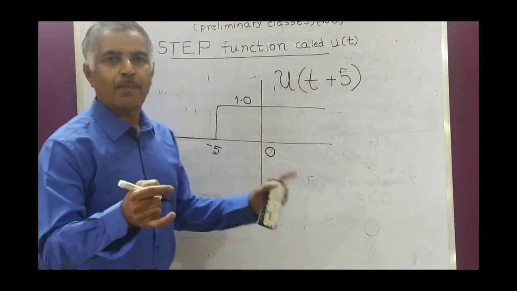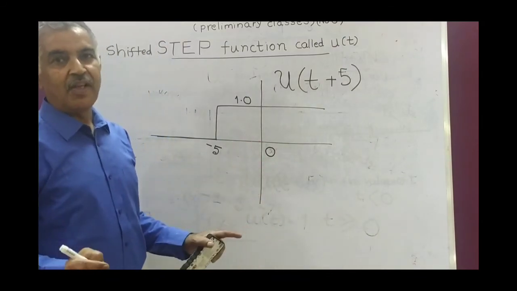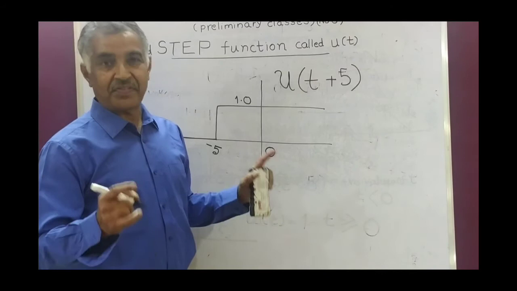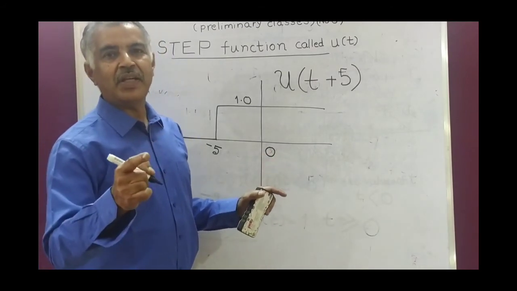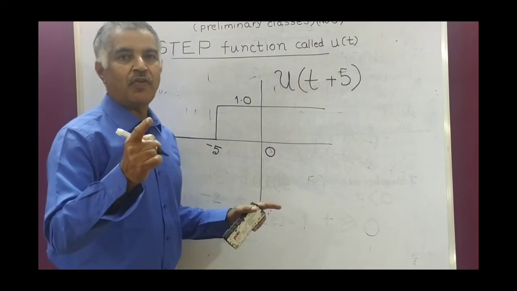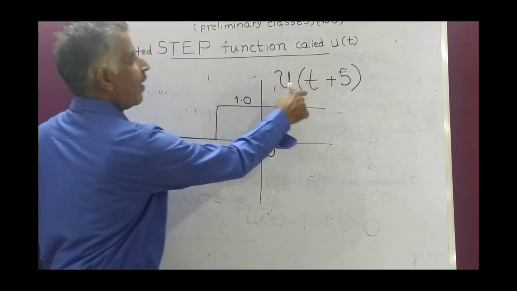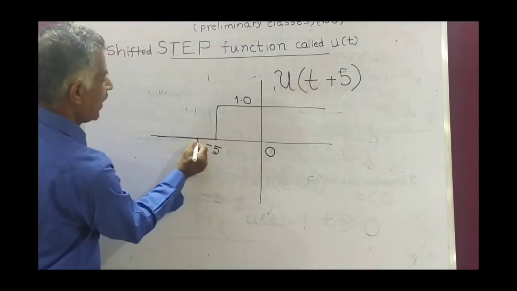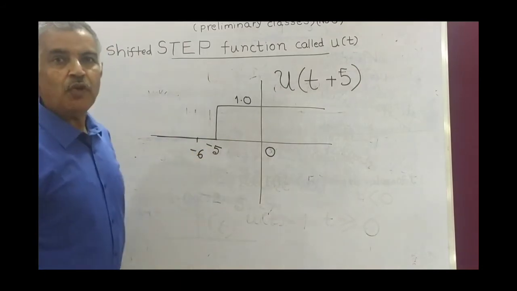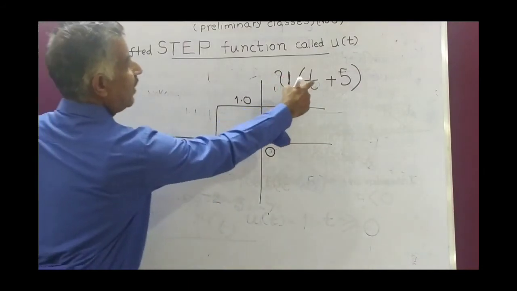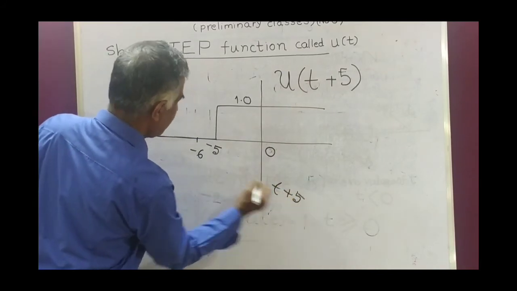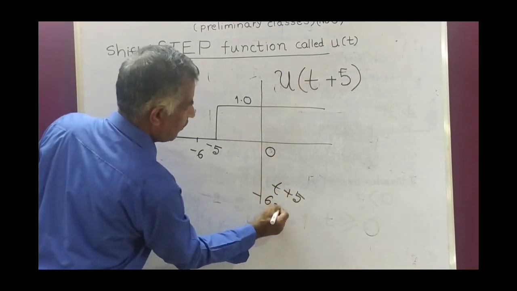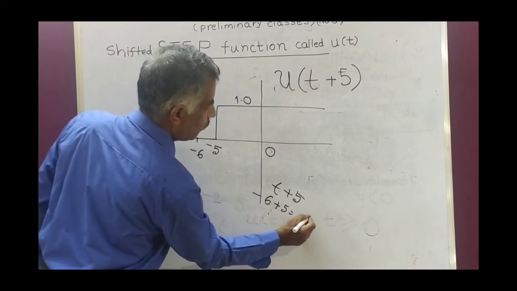And once again you apply the basic concept. Whenever the argument is positive, the value of the function is 1. Whenever the argument is negative, the value of the function is 0. For example, take t equal to minus 6. Then t plus 5 becomes minus 6 plus 5, that is minus 1.